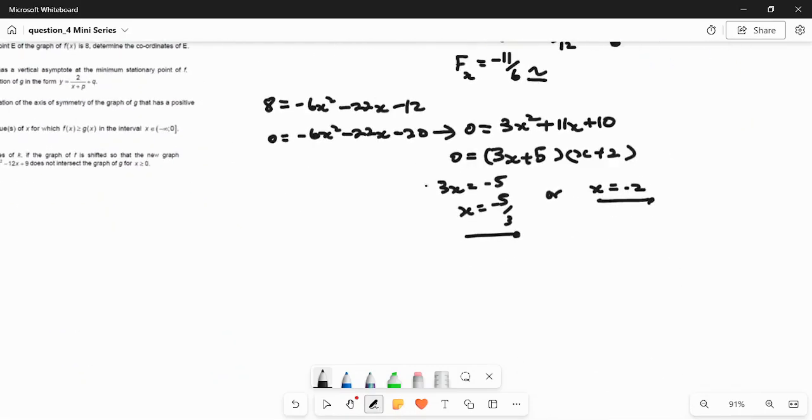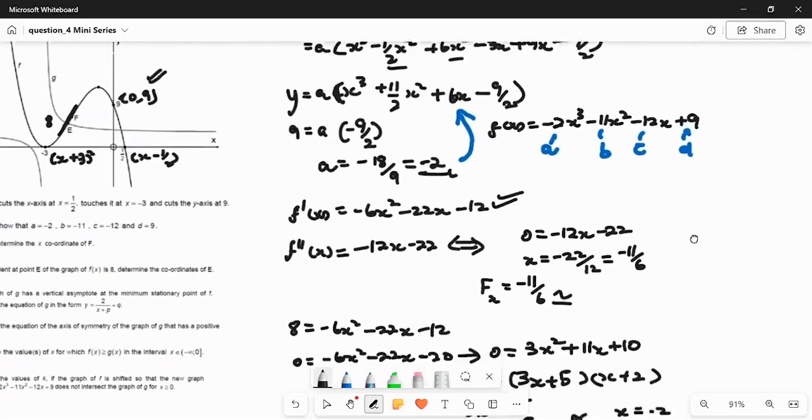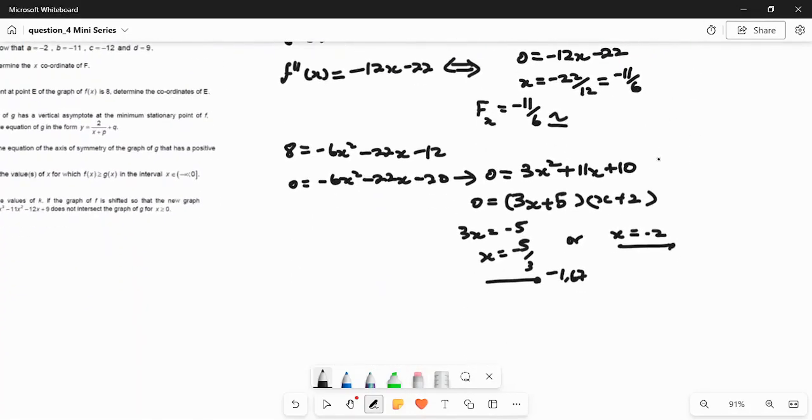And if I look at my solutions for E, negative 5 divided by 3, what is that? 5 divided by 3 is approximately negative 1.67, right? Is it less than that? 11 divided by 3, is it? Yeah, no, 11 divided by 6.